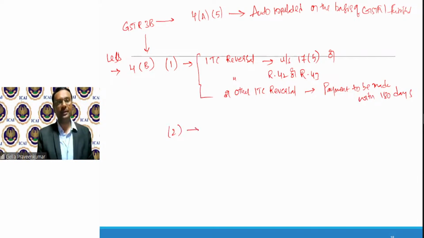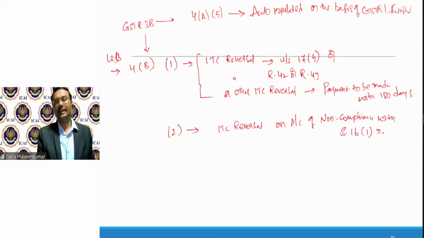Then you have table 4B2. ITC reversal on account of non-compliance with section 16 subsection 1 related complaints. Like what is that?